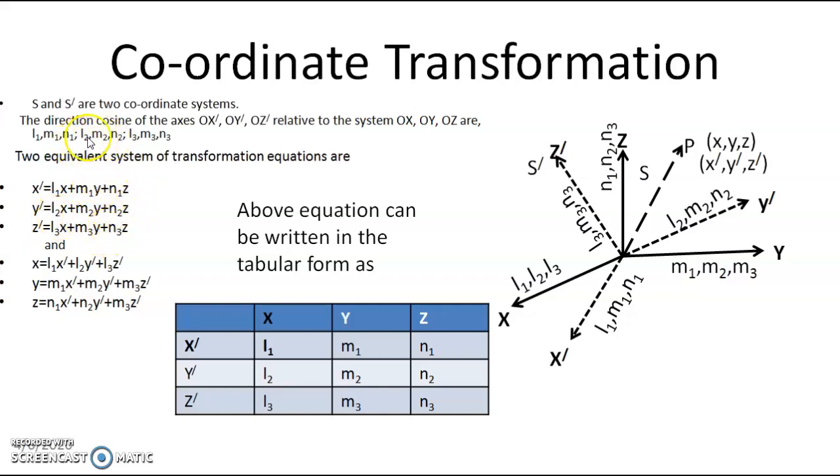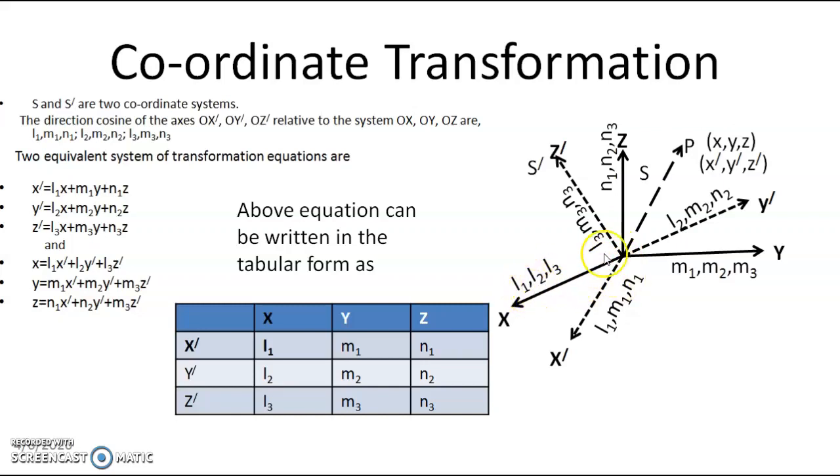So as you know, direction cosine. What is direction cosine? Let me give you a simple idea about direction cosine. Suppose this is a vector. If the origin is O, OP is a vector. This vector makes different angles with different coordinate axes. Suppose it makes an angle alpha with the x-axis, then cos alpha is the direction cosine, represented as L1.